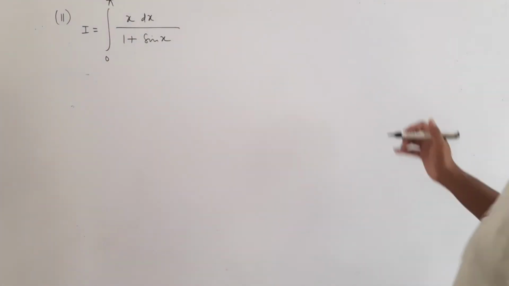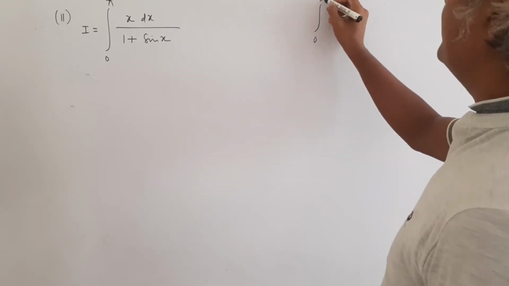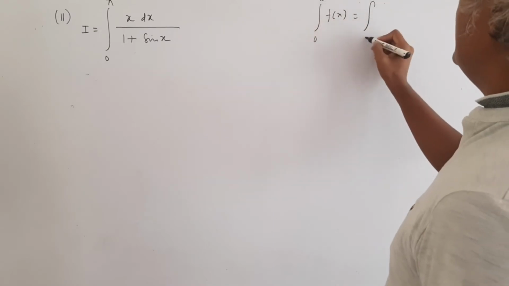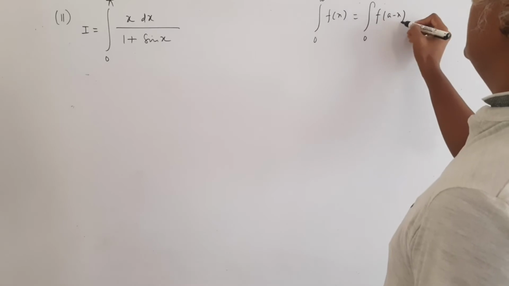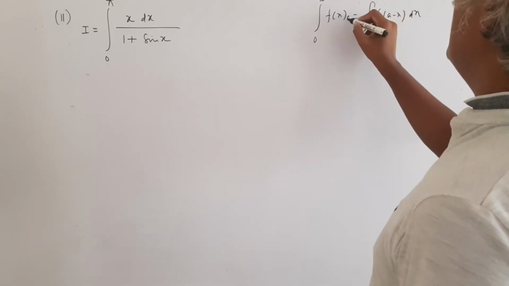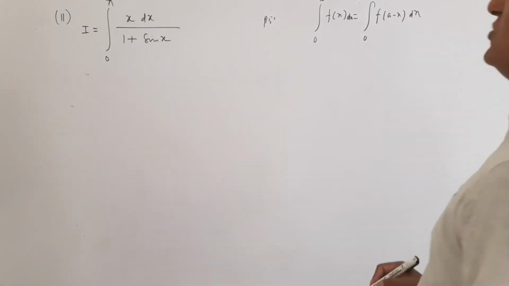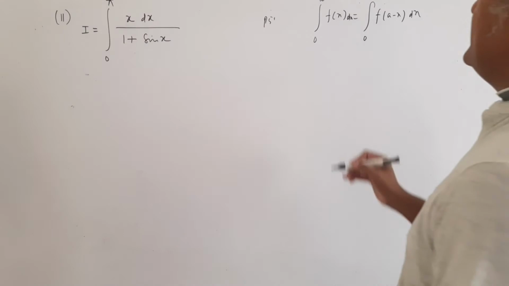The first property says that the integral from 0 to a of f(x) dx, you can write as the integral from 0 to a of f(a minus x), and we call this property 5.